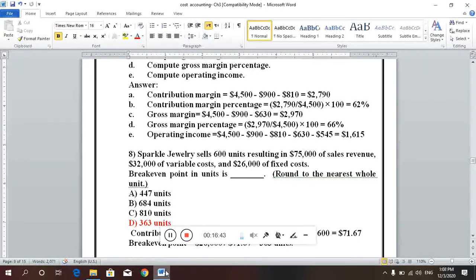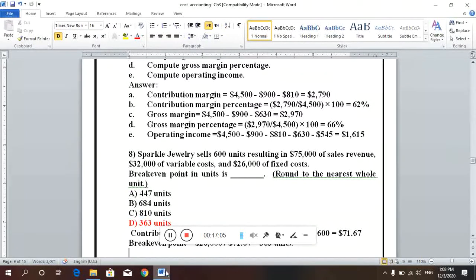So he gave me here the units sold are 600 units and sales revenue are $75,000 and variable costs are $32,000 and fixed costs are $26,000. This is fixed cost. He needs to compute break-even point in units.